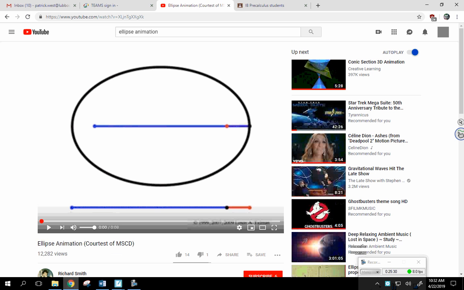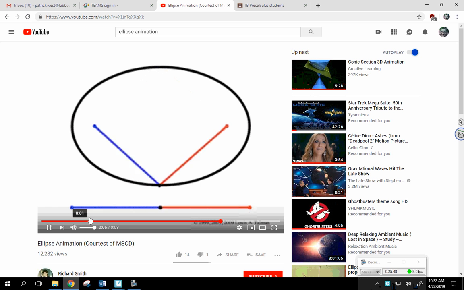Okay, so you'll notice at the bottom, the length of that segment is always remaining the same. The only thing that's going to be changing is the length of the blue line and the length of the red line. If I were to push play, these guys right here are my focal points, and you'll notice as we go around these two distances, their sum is always the same.